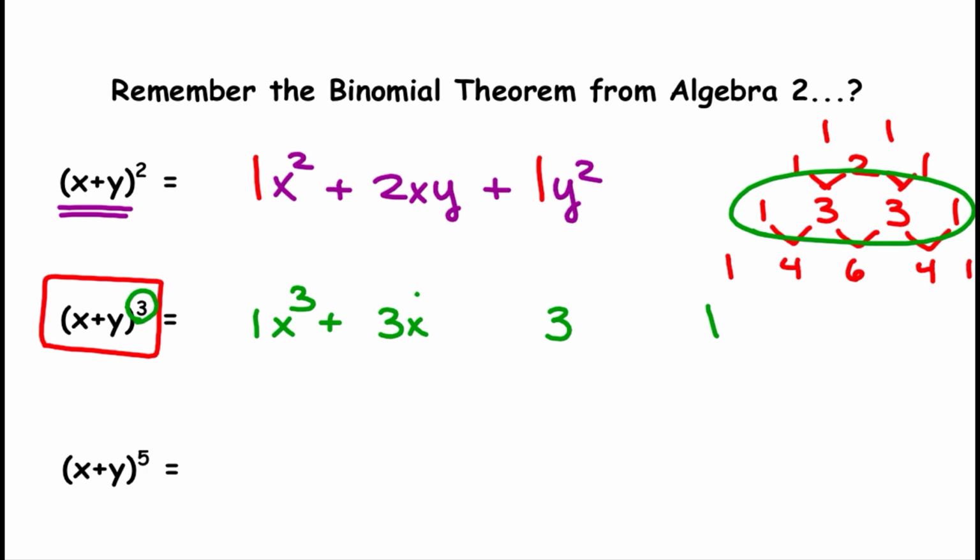The x's will lose power, so x to the second, x to the first, no x's at all in the last term. And the y's will grow. Notice there's no y's in the first term. Y to the first, y to the second, and finally 1 y to the third.